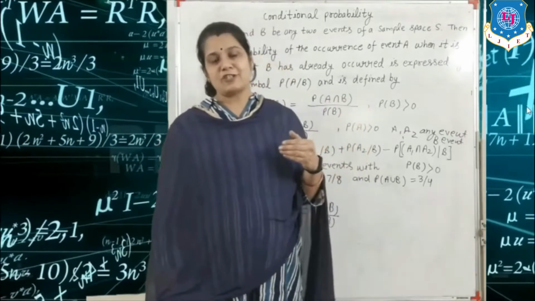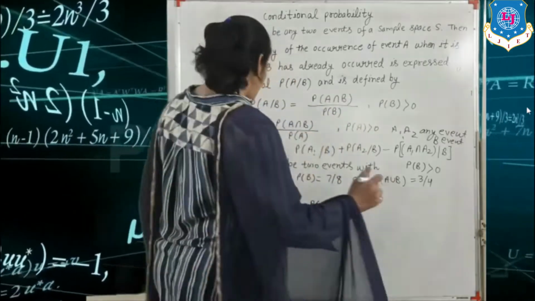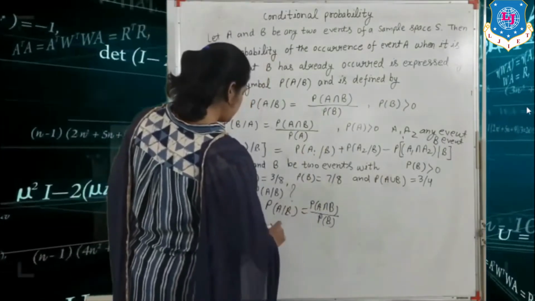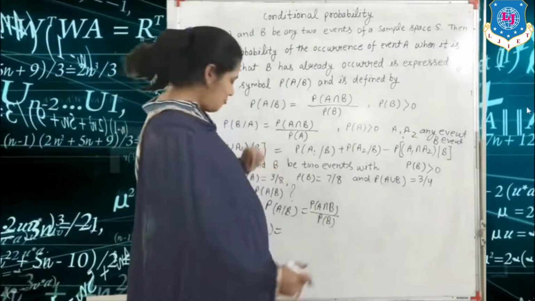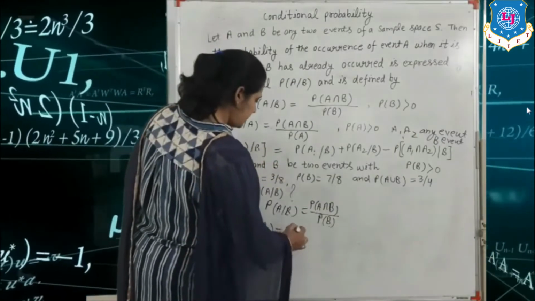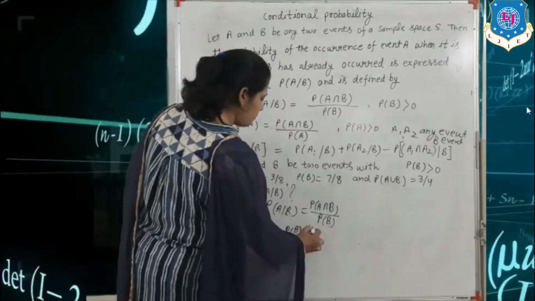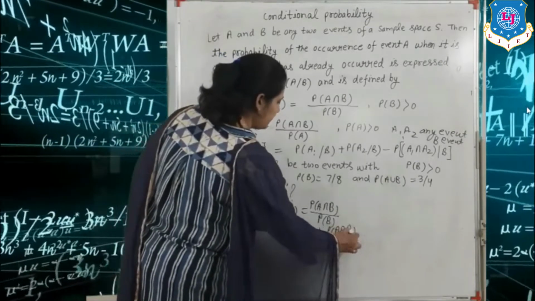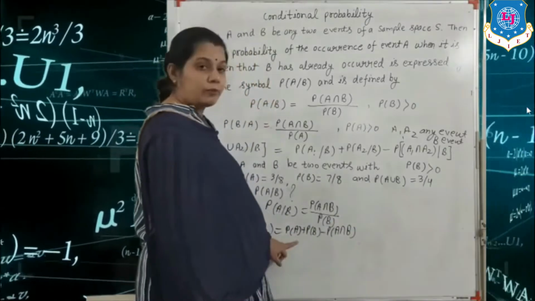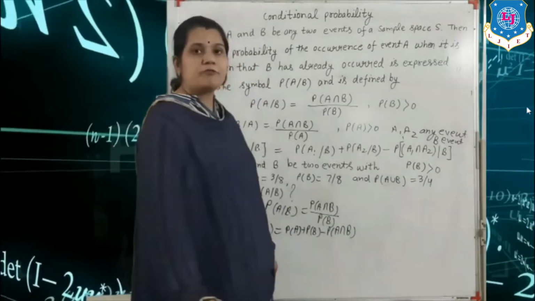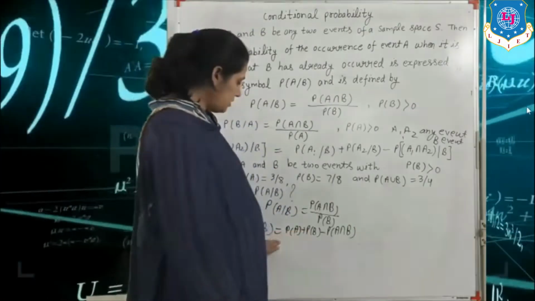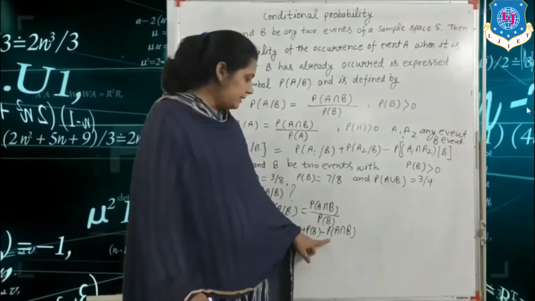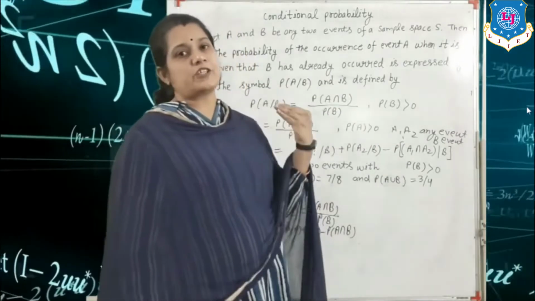In our previous lecture, we have already seen the formula: probability of A union B is equal to probability of A plus probability of B minus probability of A intersection B.